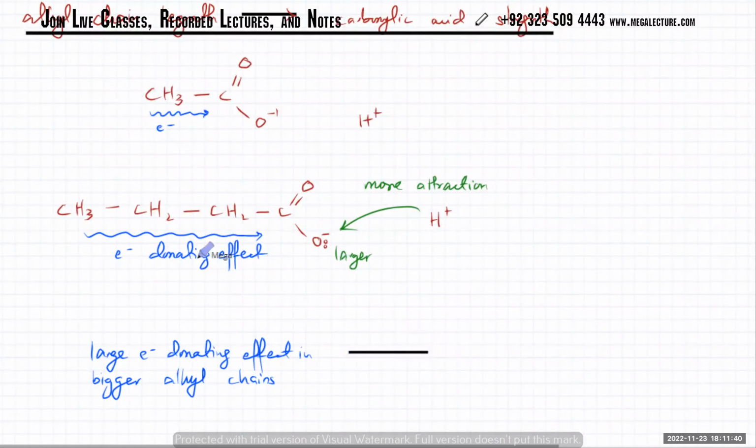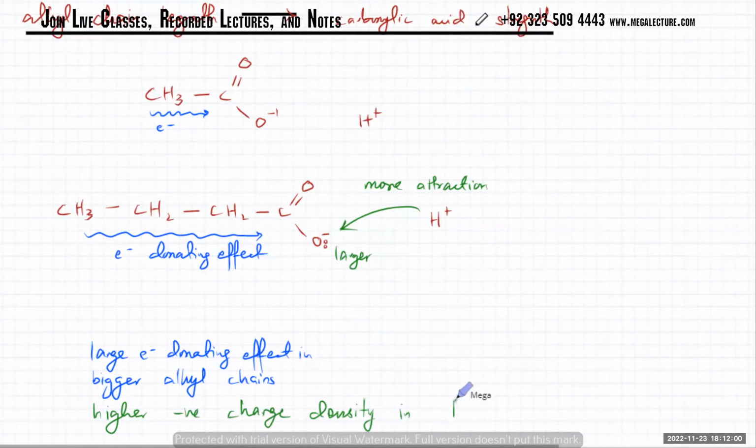अच्छा ये बस रीजनिंग, let me write the reasoning कि large electron donating effect in bigger alkyl chains leads to a higher negative charge density in the ion, in RCOO minus, which makes it unstable.